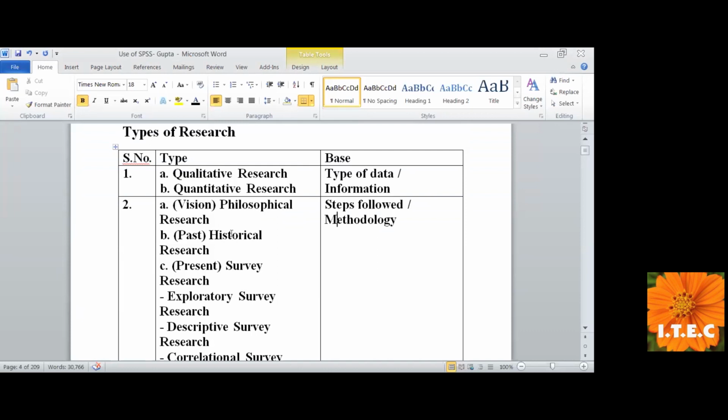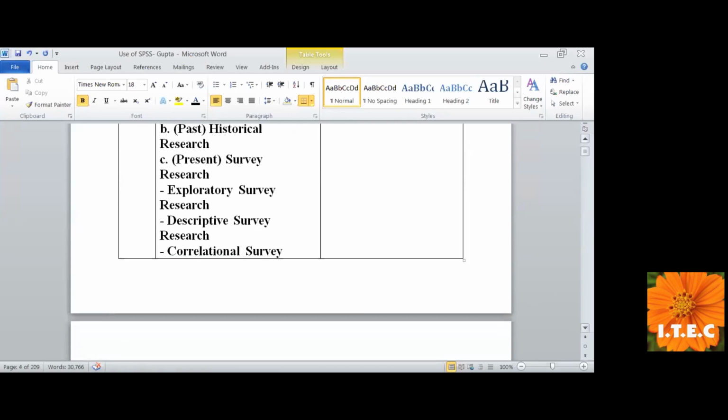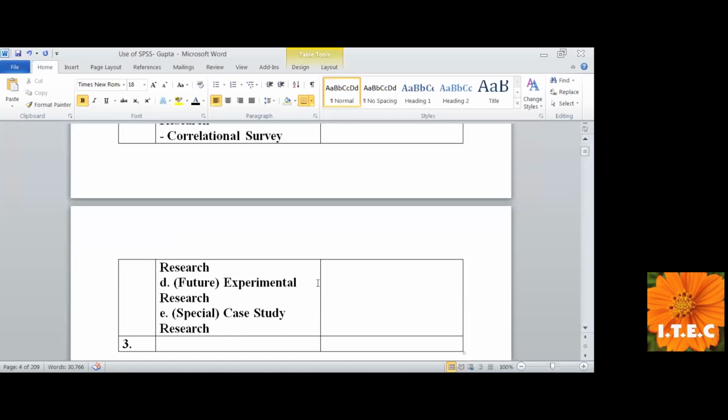In historical, maximum information will be qualitative, but there may be some quantitative also. In the survey one, you will have both qualitative as well as quantitative. In experimental, it is the quantitative information, you will not have qualitative. In case study, you may have both qualitative and quantitative.